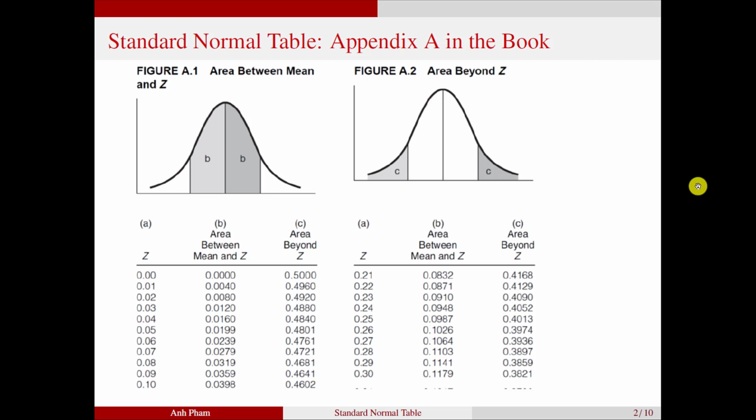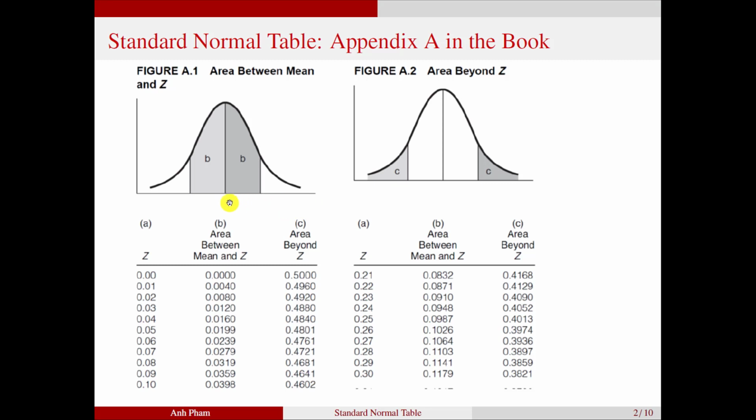If you look at the table in Appendix A, you will see that they only report the positive Z-scores and do not report the negative Z-scores. A positive Z-score is any value to the right of the mean, greater than the mean.